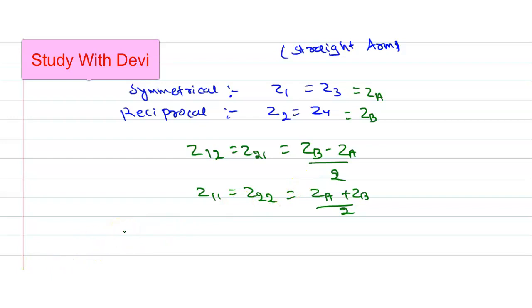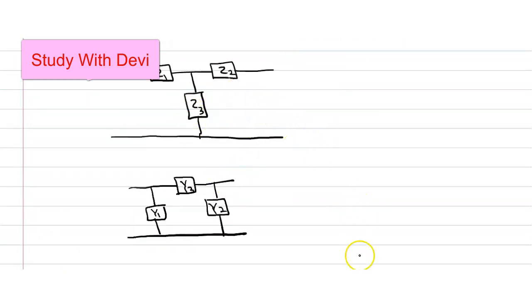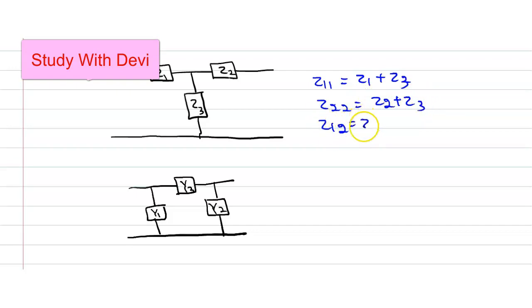Now there are some simple networks. We will now see how to find parameters by a shortcut method. If this type of network is there, there is a trick to find the Z parameter. Here Z11 we can write as Z1 plus Z3, Z22 equal to Z2 plus Z3, and Z12 equal to Z21 equal to Z3.